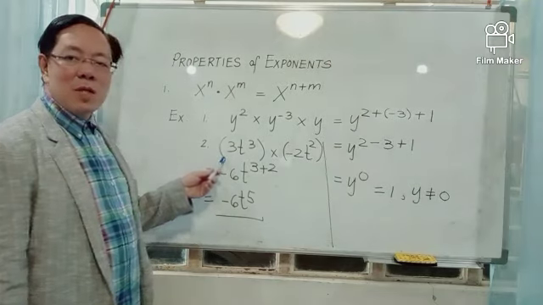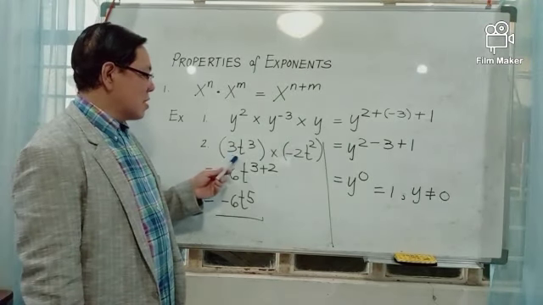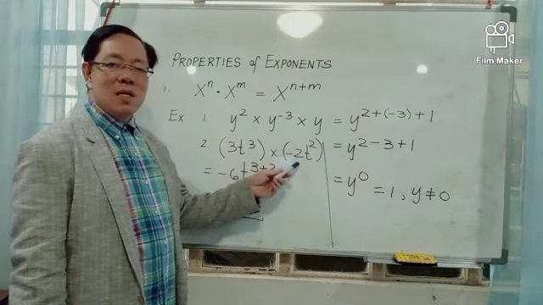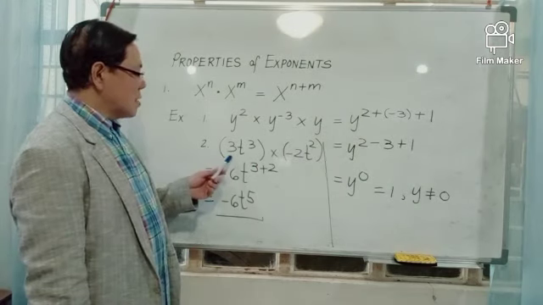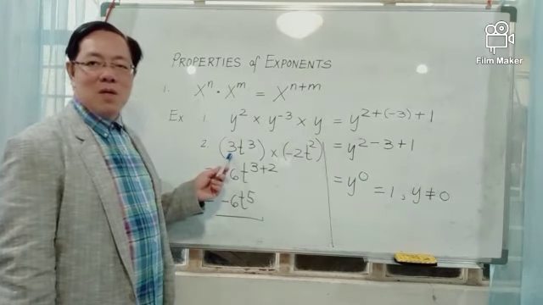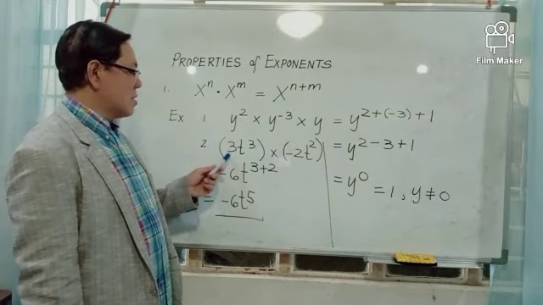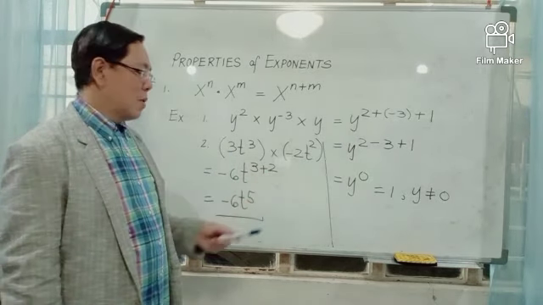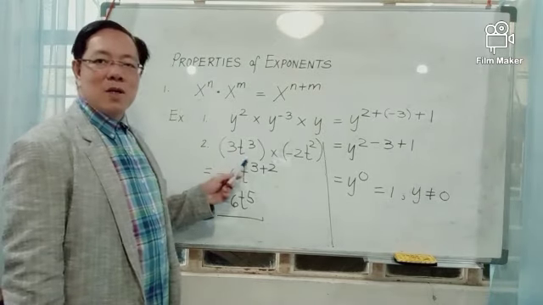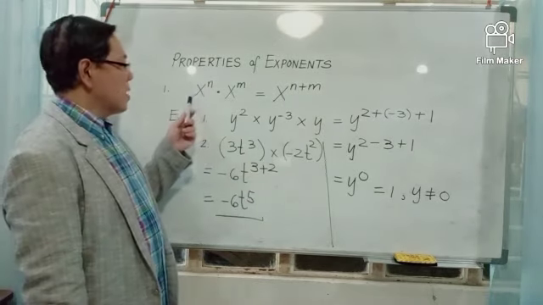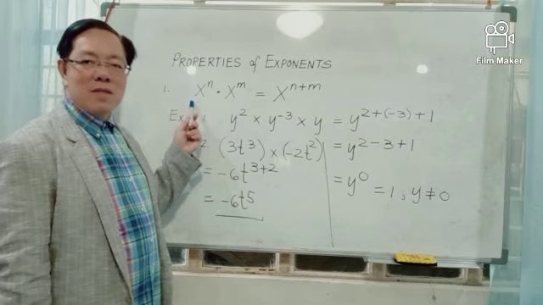And if you are multiplying monomials such as 3t cubed and negative 2t squared with numerical coefficients, start by multiplying the numerical coefficients such as 3 and negative 2. The product is negative 6. And to the literal coefficients, apply the first property of exponent.